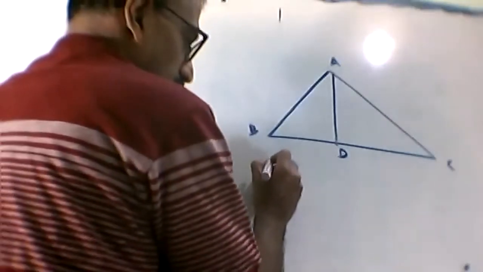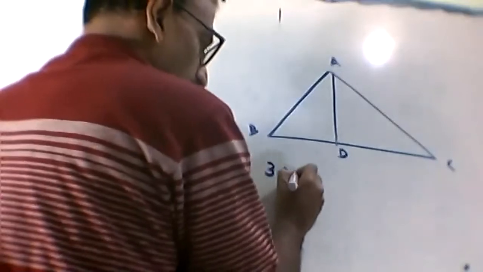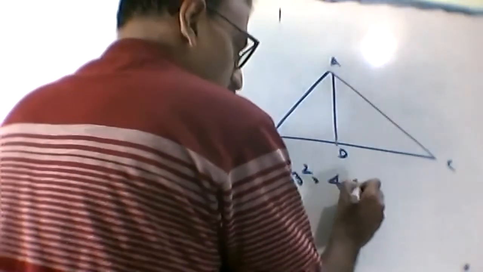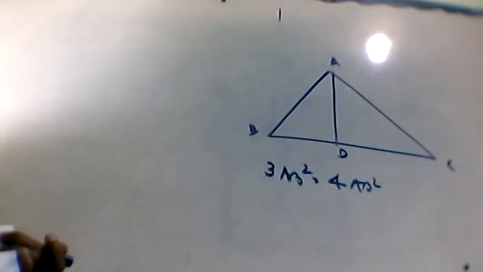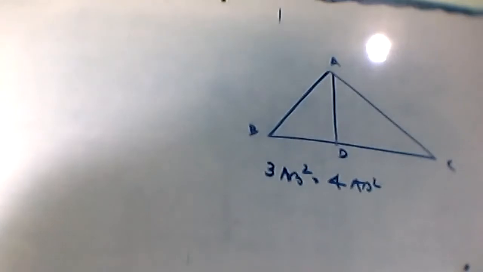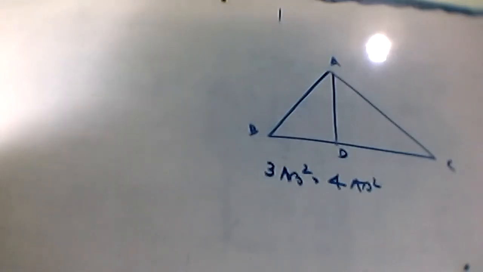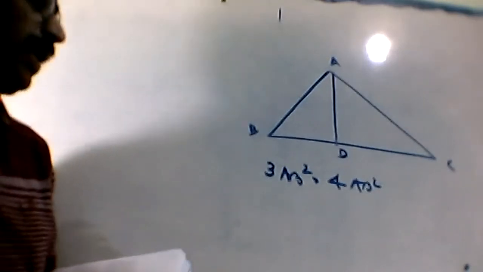That means 3 AB square equal to 4 AD square. Let's show this one. Correct or not? 3 times the square of any side of an equilateral triangle is 4 times the square of the altitude, 4 times AD square. This is the question.